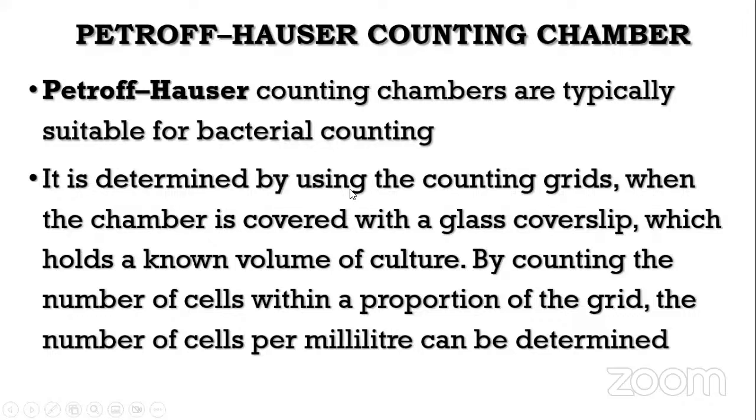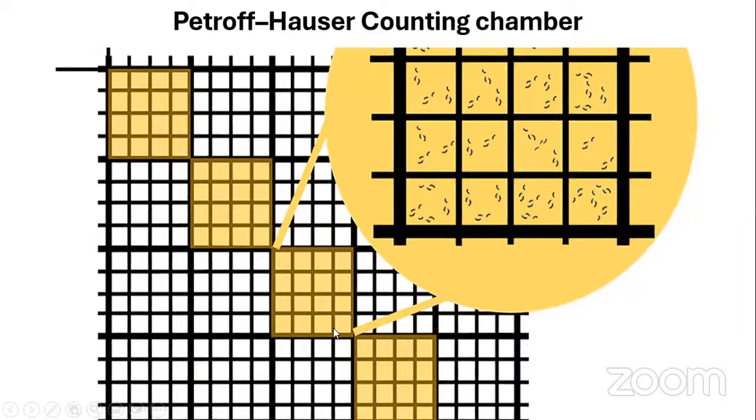We can count like 80. If you are able to count 80 colonies in the grid, then we'll be able to estimate based on how we diluted it. And a typical Petroff-Hausser counting chamber looks like this.